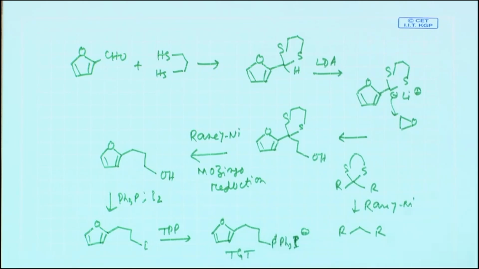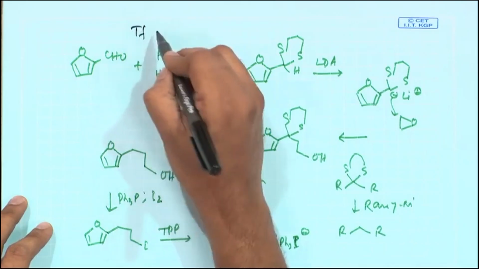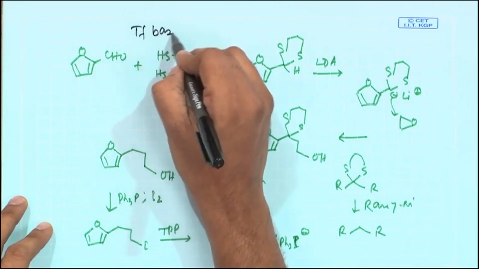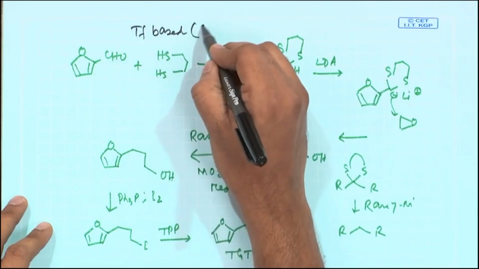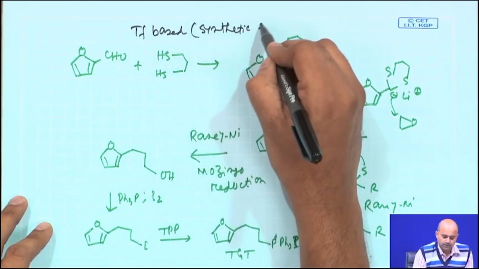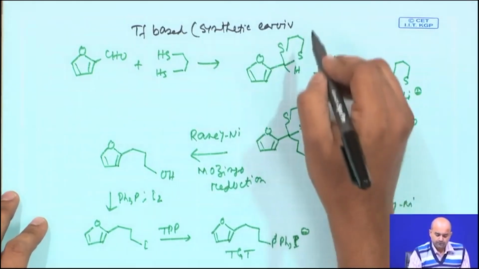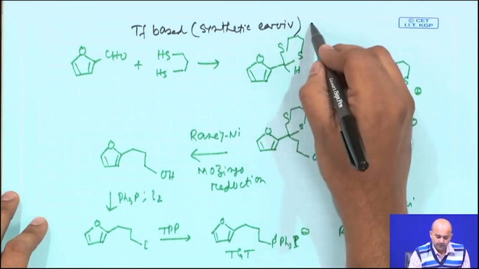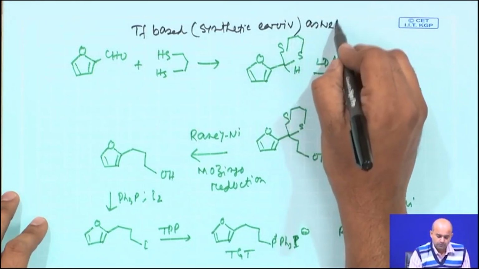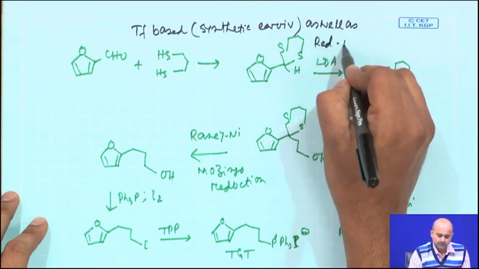So, here is basically a combination of a transformation based approach where you used a synthetic equivalent. The synthetic equivalence concept we have explained earlier, and along with synthetic equivalence we used redundant functionality, redundant FG.